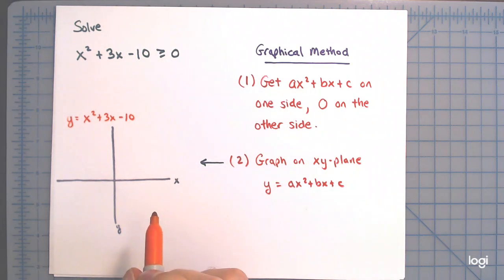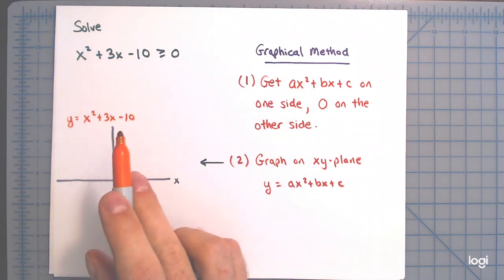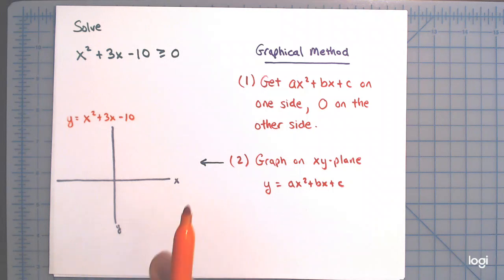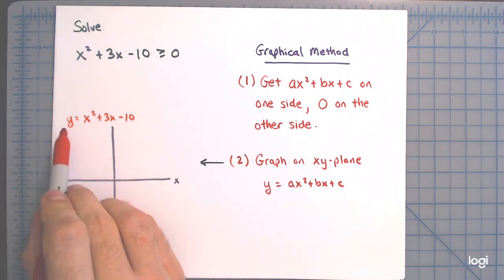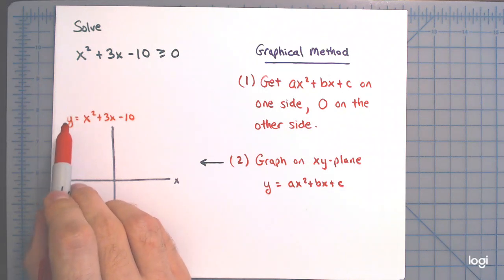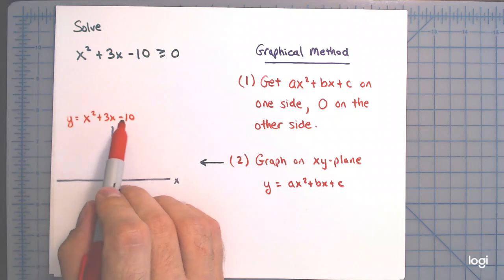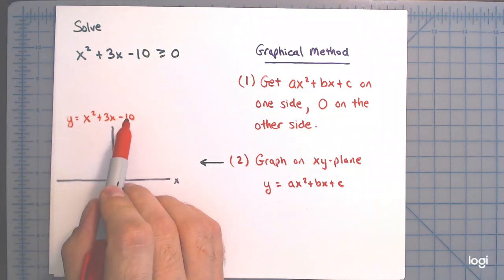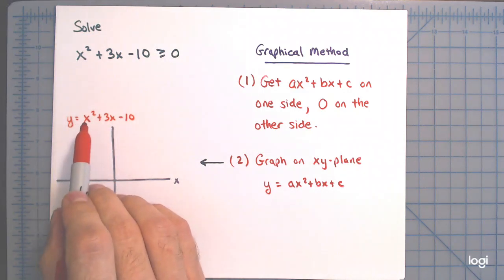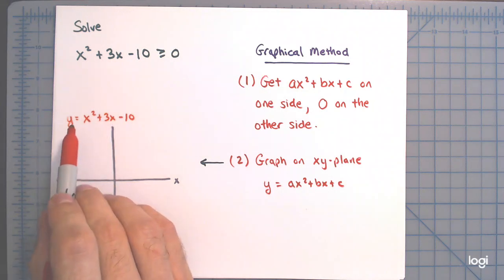You can find the vertex and so on, but as I mentioned in the algebraic method, all that really matters to me is where the y value is 0, where it is positive, and where it is negative. Where is the value of this expression equal to 0, equal to a positive number, equal to a negative number.